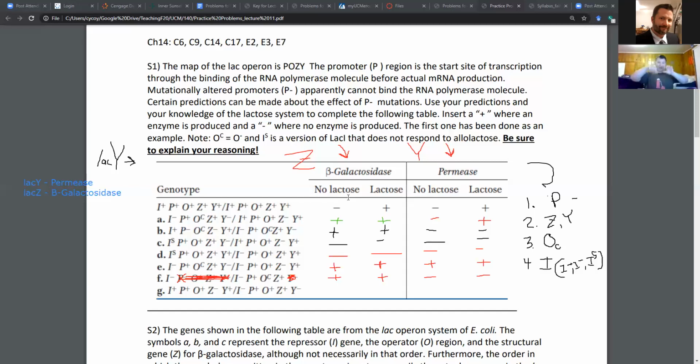Cyclic AMP binds to that, sits down, and activates this whole thing. When does that happen? When glucose levels are down. And the inhibitor, LacI, which is constantly sitting on those operators, when lactose comes floating in, binds to it and no longer sits down. So this pathway is only activated normally in the presence of lactose.